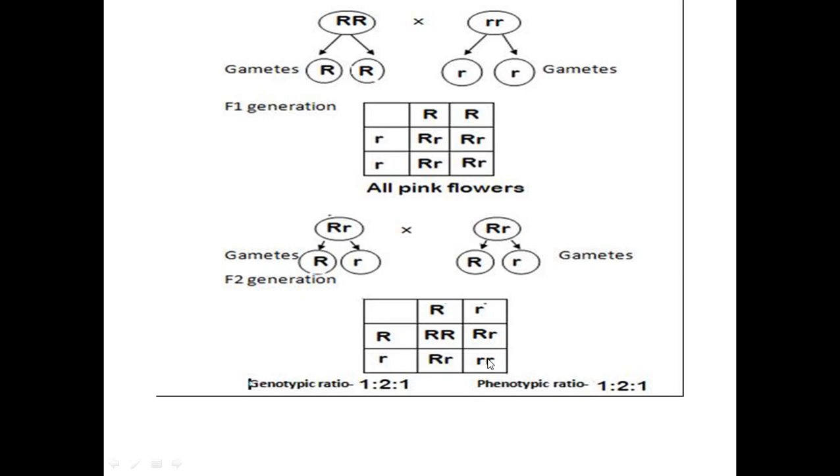In incomplete dominance, both genotypic ratio and phenotypic ratio are the same, that is 1:2:1. The genotype ratio is 1 homozygous dominant, 2 heterozygous, and 1 homozygous recessive. And the phenotype ratio is 1 red, 2 pink, and 1 white.